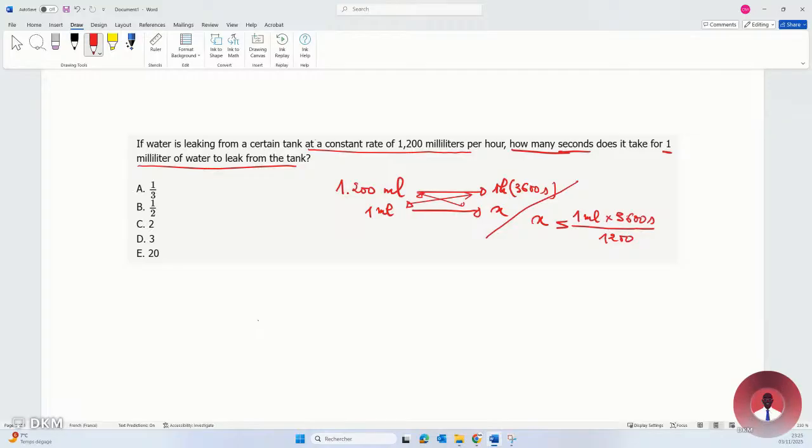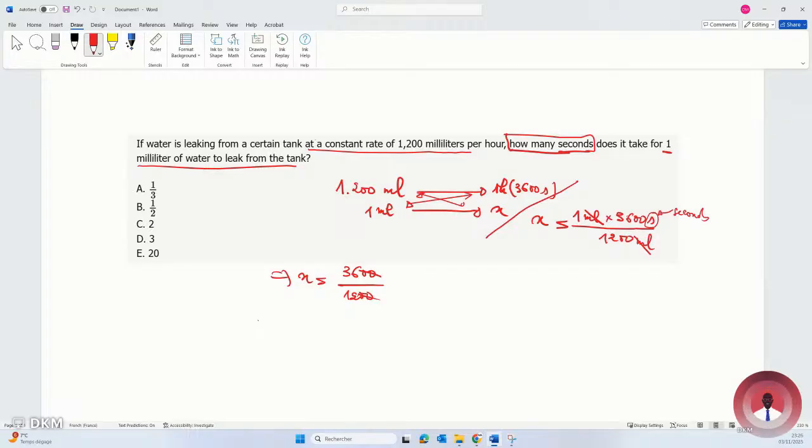So the milliliters will cancel, and the only unit remaining will be the seconds. How many seconds? So this will be equal to 3,600 over 1,200.